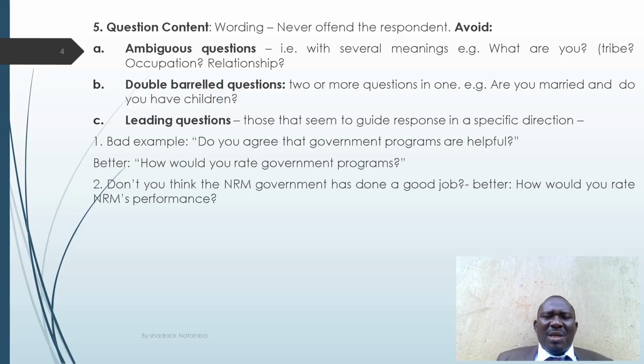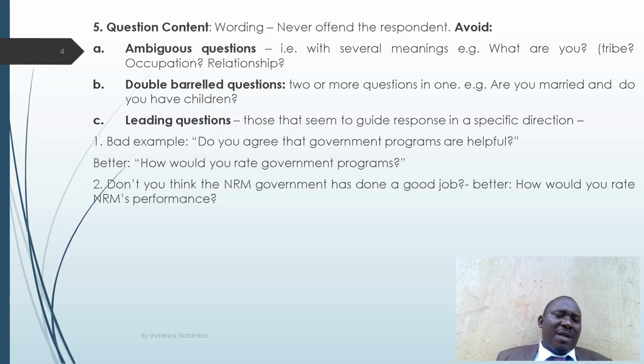It is a leading question. Already it's like you want this respondent to say yes, government programs are helpful. Yet that might not be what you intend. The best way to ask such a question is, how do you rate government programs? That is better. It doesn't lead someone to think, this is what you want me to answer on your behalf.